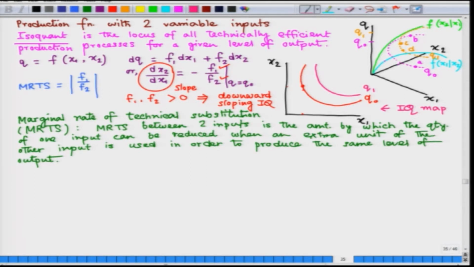So, now let us talk about the possibilities of 0 and negative marginal products, right. So, let us work with this Q naught isoquant and let us have a couple of points. So, let me have one point where I can draw a straight line which becomes tangent at that point, and it also becomes parallel to the x2 axis.